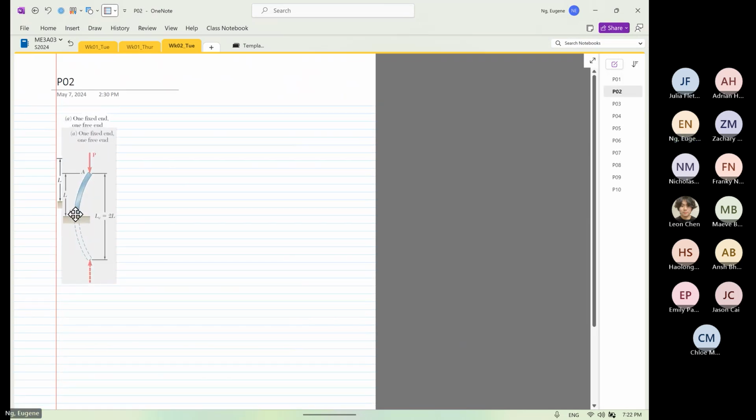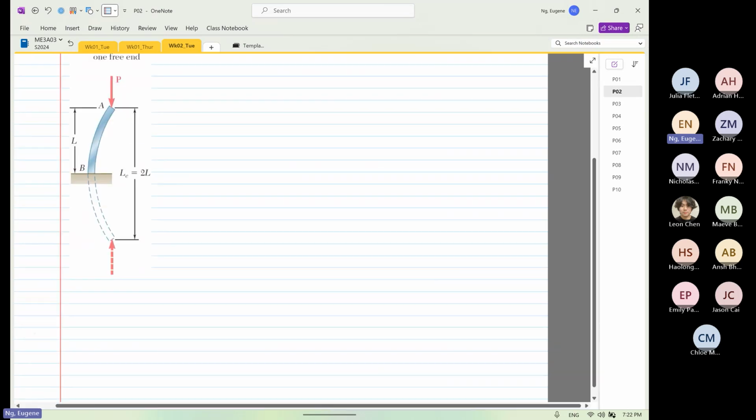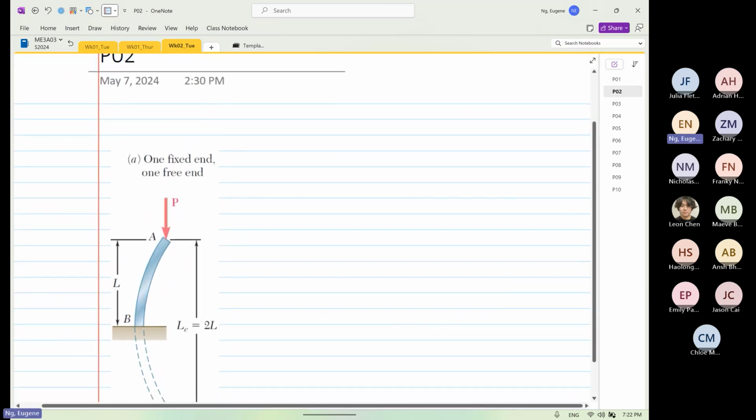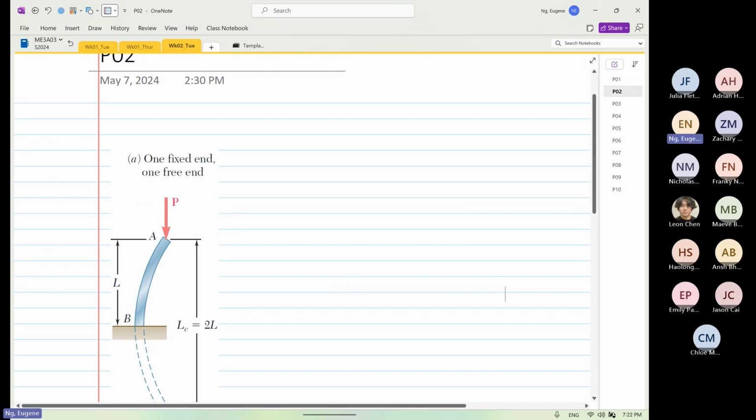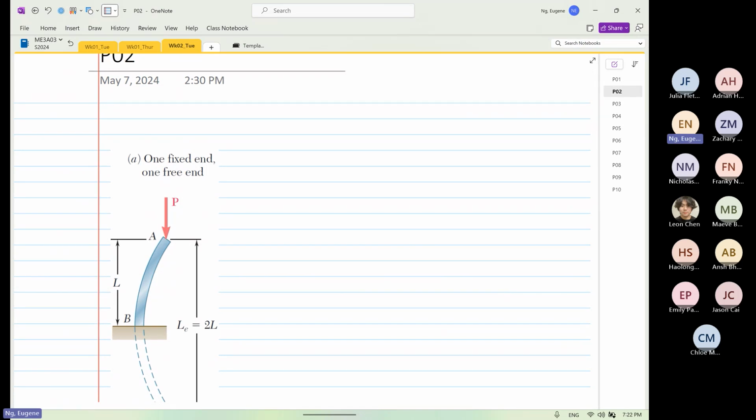Okay, so if you look at this diagram down here now, we have one fixed end.